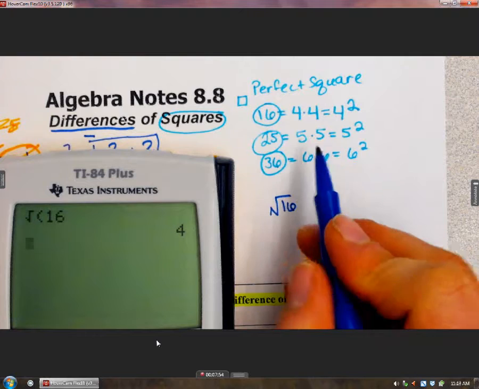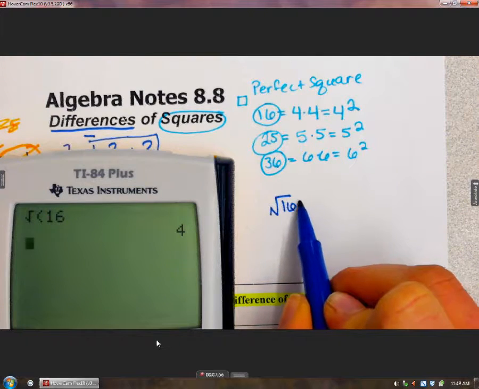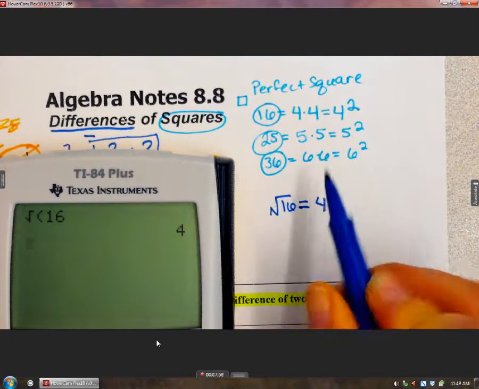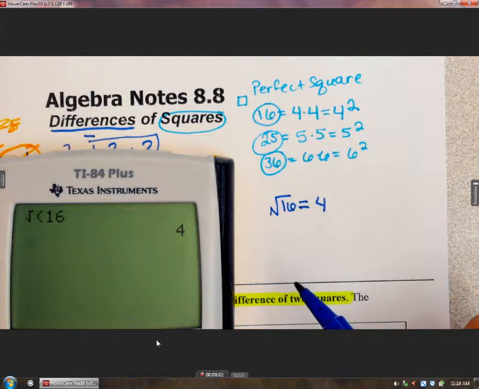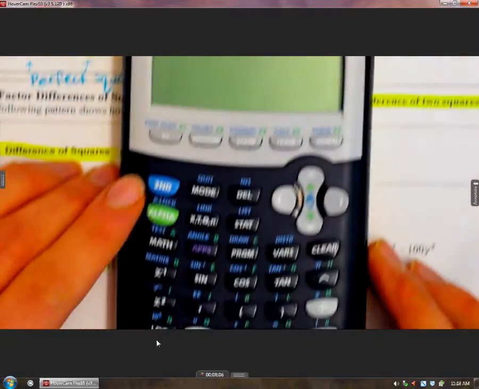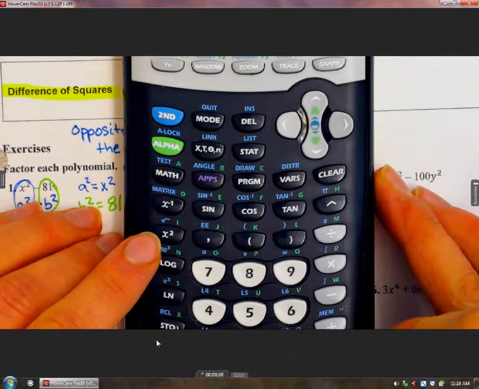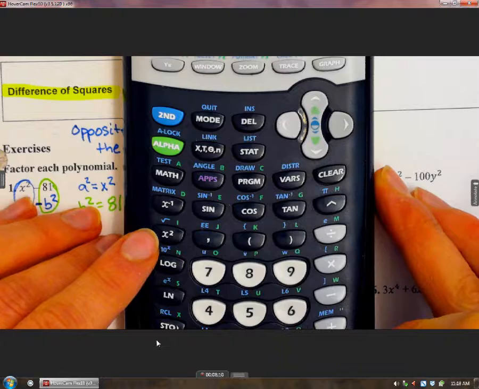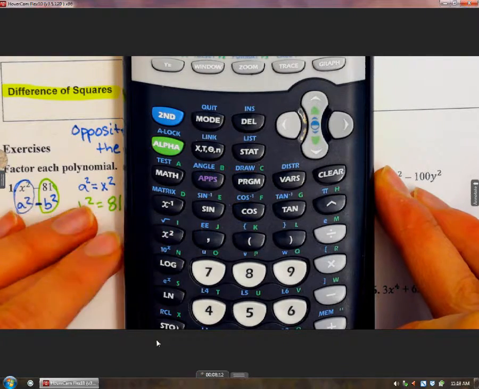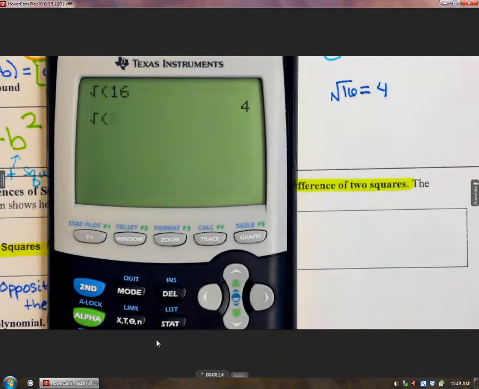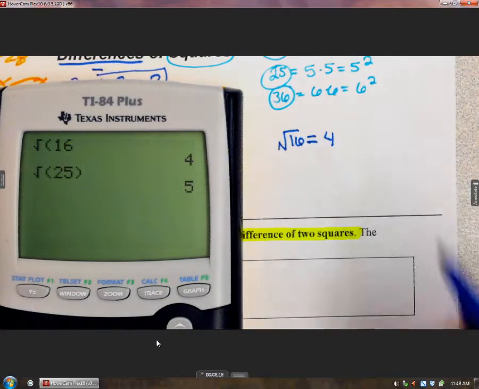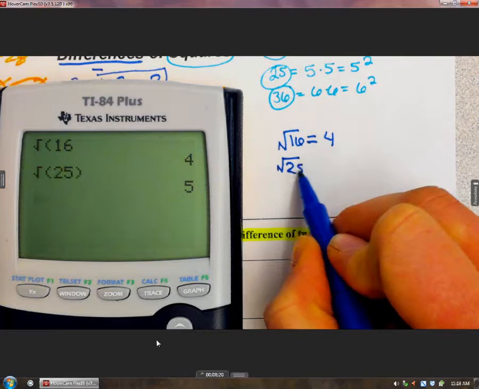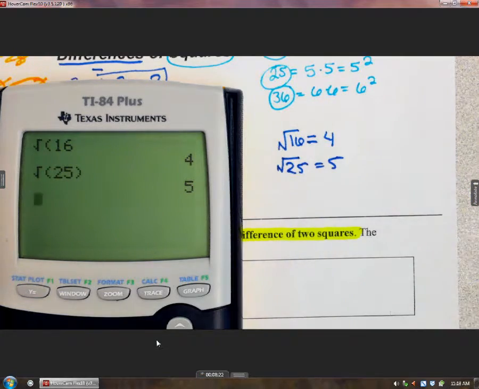Hey, well look, the square root of 16 is 4, just like what we did right here. 4, because 4 times itself is 16. If I did the same thing, second, I'll show you again. If you didn't catch the square root, you might want to look right now because I'm going to show you the square root button. Square root of 25 equals 5. So the square root of 25 is 5.